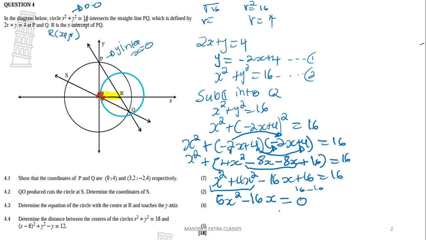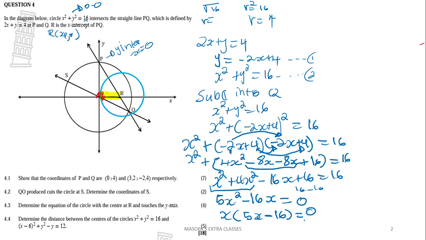Now here we have 5x squared minus 16x. So here we cannot divide by 5, right? What you can do is take x as a highest common factor. If I take x out of this term, I will be left with 5x minus, and if I take x out of this side, I will have 16. That is equal to 0.